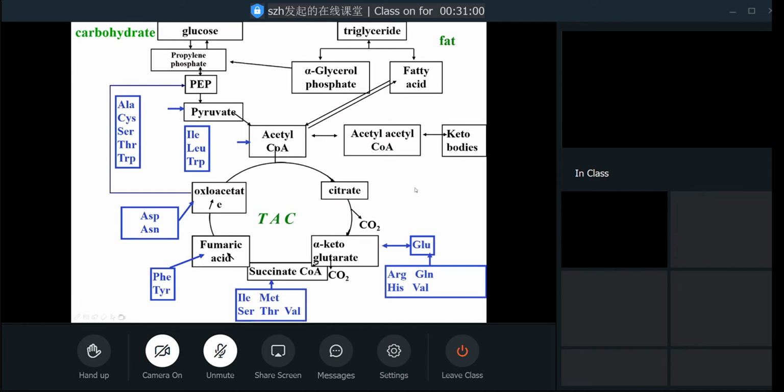So here you can see it lists all kinds of amino acids that can be oxidized thoroughly.